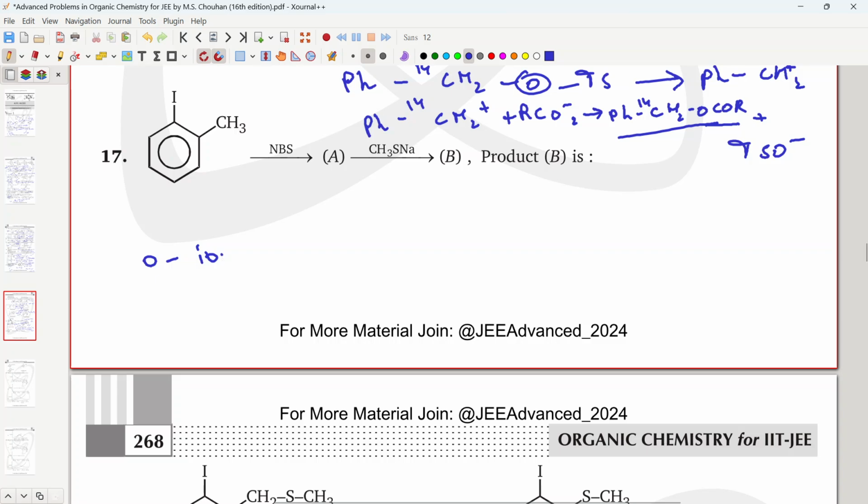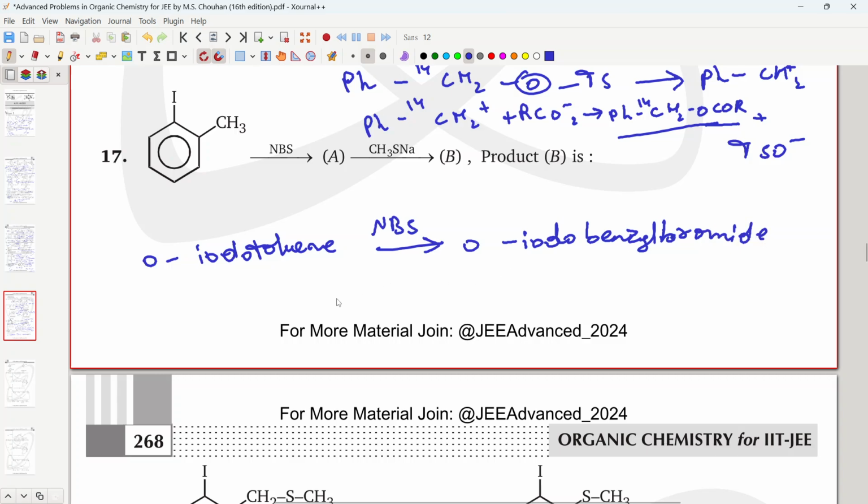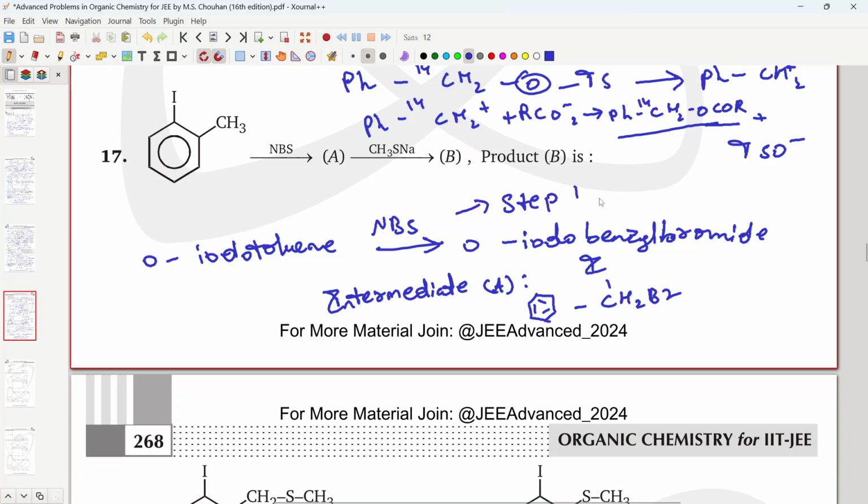So iodotoluene with NBS gives iodobenzyl bromide intermediate, which is A basically. Yeah, this is step 1.